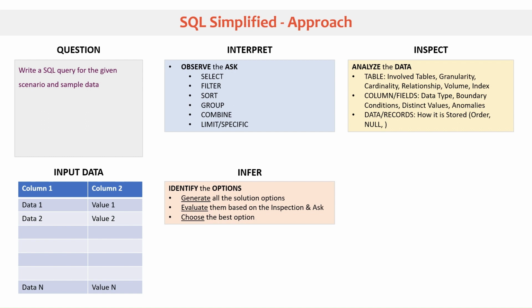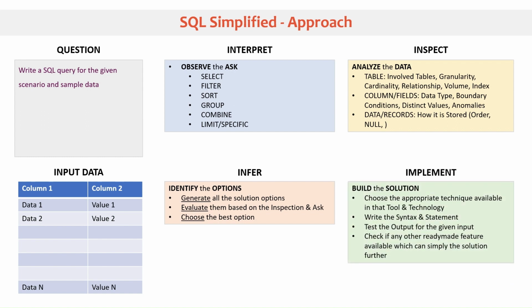And once you have inferred, you then finally go for implementation, where the particular technology or programming language comes into the picture. For example, you need to choose the appropriate technique, what SQL statements can be used, and what is the syntax for writing, because you are going to write the statement right now in the fourth step. And then you need to check if there is any ready-made feature available.